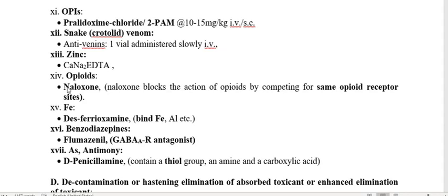Therefore, the opioid does not show the toxic symptoms, because only a very meager quantity of opioid is binding with the opioid receptor to produce the toxicity, since the receptor is occupied by the antidote naloxone.